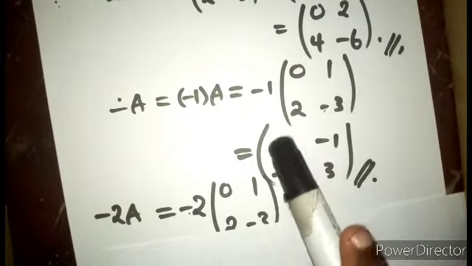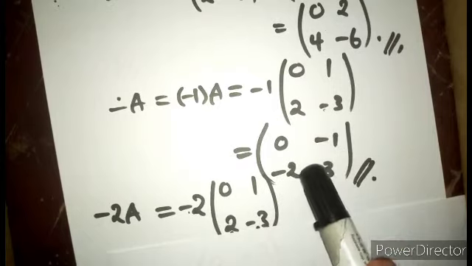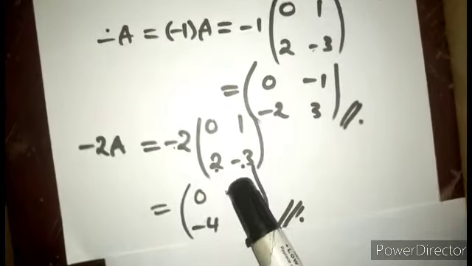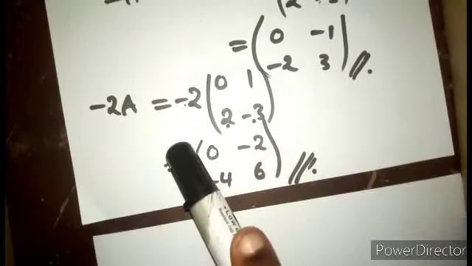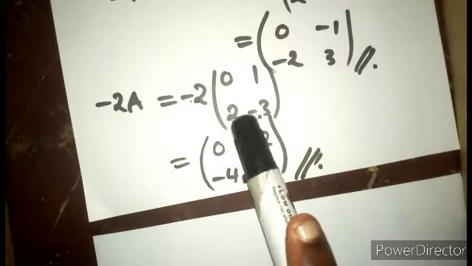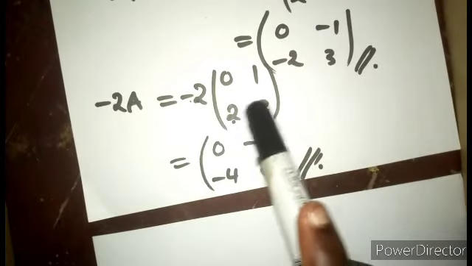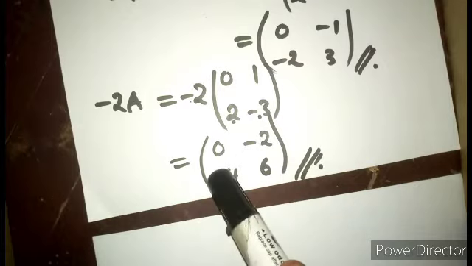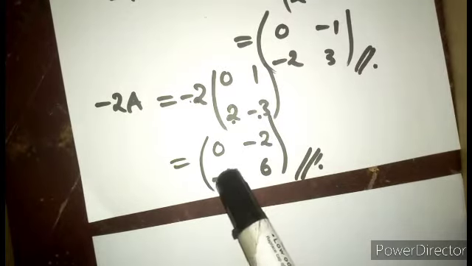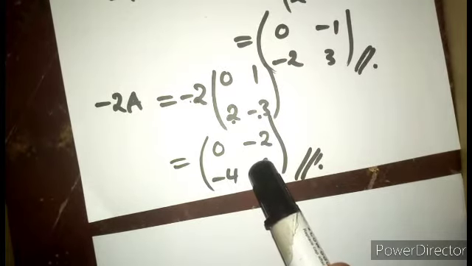Multiplying respectively, we have 0, minus 1, minus 2, and 3. Similarly, minus 2A, minus 2 times A, gives us clearly 0, minus 2, minus 4, and 6.